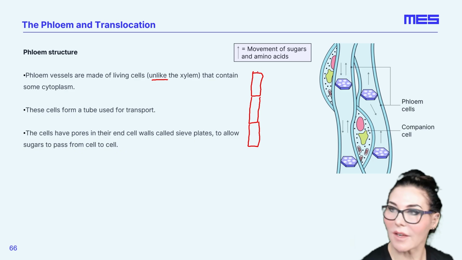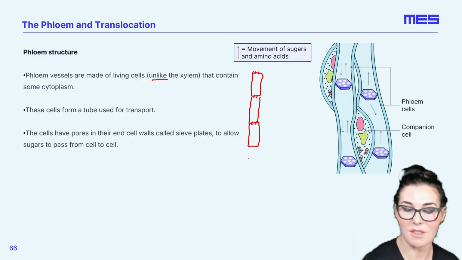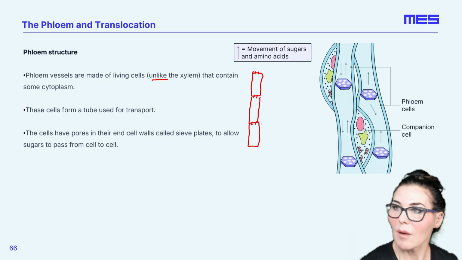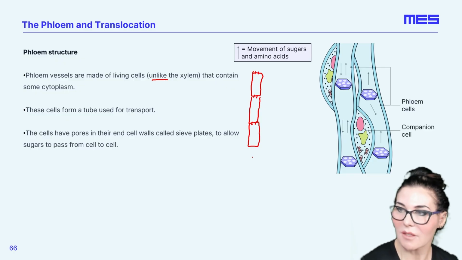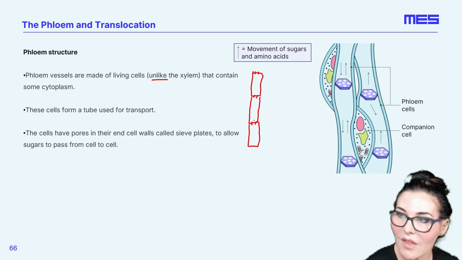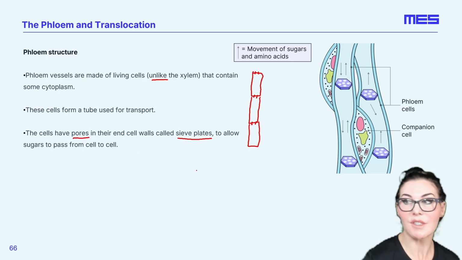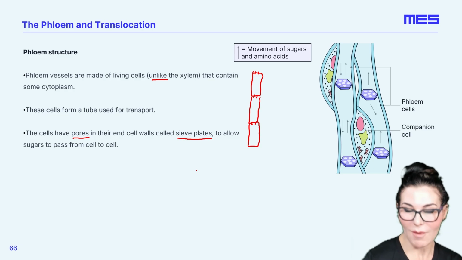They just perforate, which means little holes form in them. The holes that form are not enough for the entire contents of the cells to disappear or fall away, but it's enough for a little bit of the cytoplasm and substances in it to come away, leaving space for sugars to travel. Now the ends where these perforations, these little holes have happened, we call the sieve plates. So these little pores allow sugars to move up and down the phloem tissue effectively.